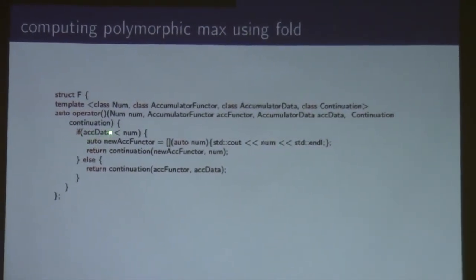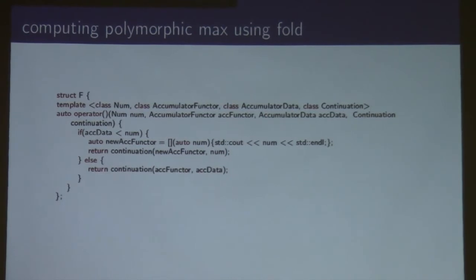Our accumulator data is currently the biggest number, and instead of returning the new best number, we call continuation, and we provide this number, and we also provide the functor which just prints this number. We just return the previous accumulator functor and previous accumulator data otherwise. So the implementation of this fold was creepy and scary, but the implementation of this functor is actually almost the same as before, and that's what matters here.